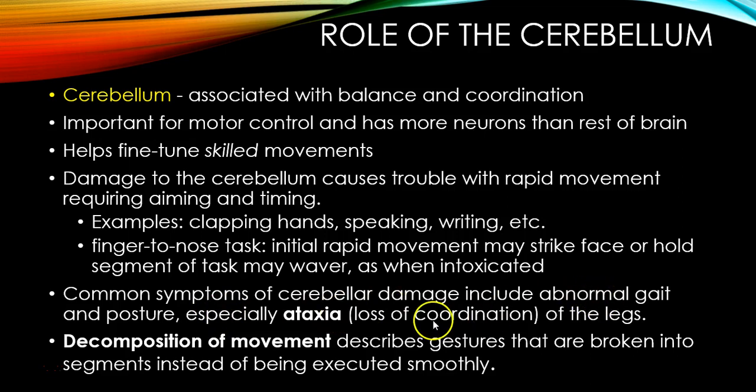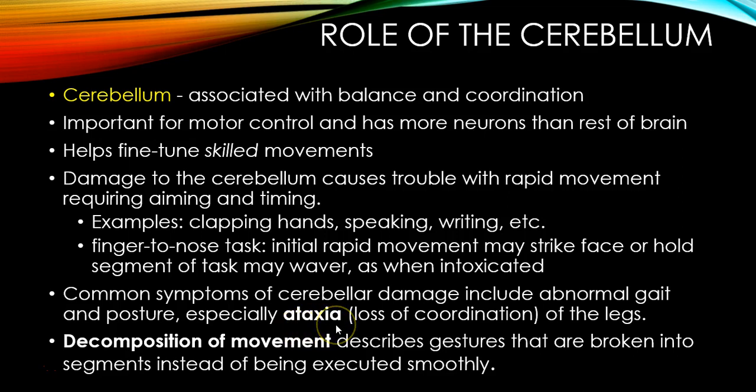Gait is walking, especially something called ataxia, which is loss of coordination of the legs. When you think about walking, there is so much that has to be done in order to walk properly. Your balance, you move your legs, you also move your arms. One leg moves up, one leg is back. You have to switch your balance.